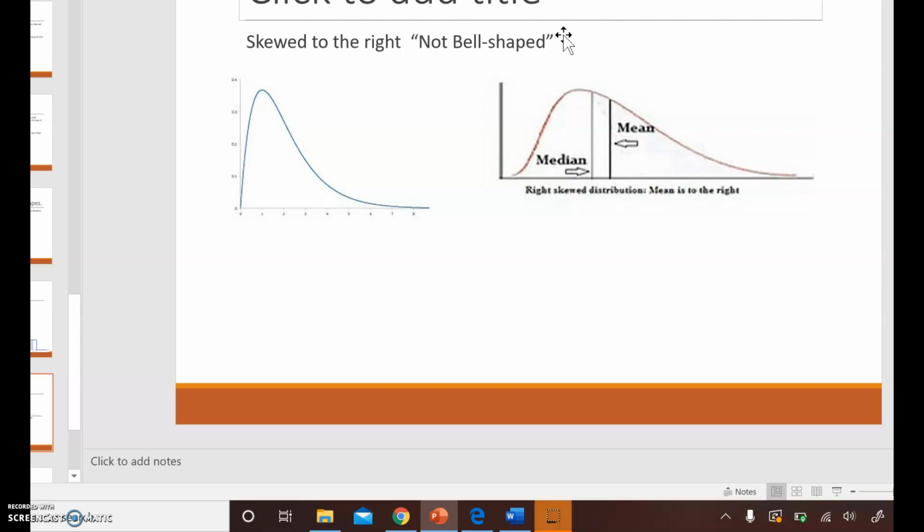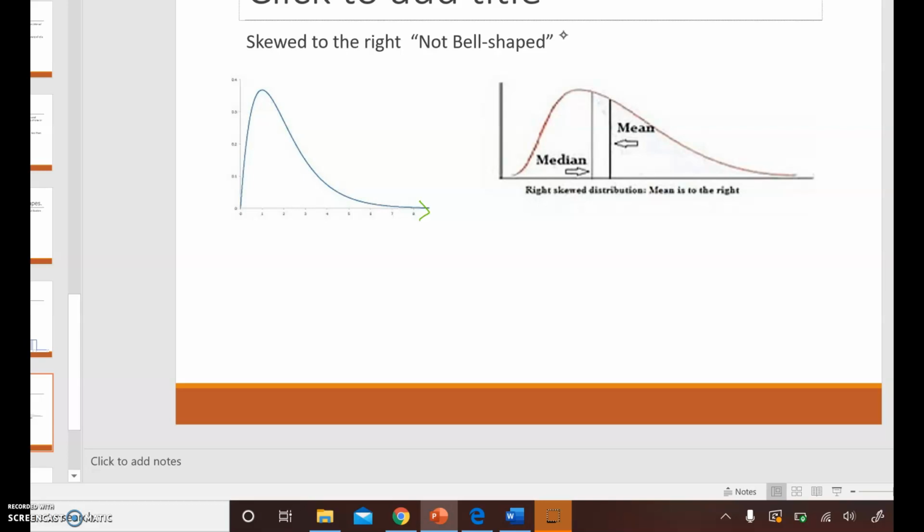Now, a cousin of the bell-shaped distribution is a distribution that happens to be skewed. For skewed distributions, they're labeled based on the tail. And the tail refers to the extreme values. So for example, if they mention that the distribution is skewed to the right, they're referring to the tail being on the right, and extreme values will show up on this end. You have most of the values to the left.